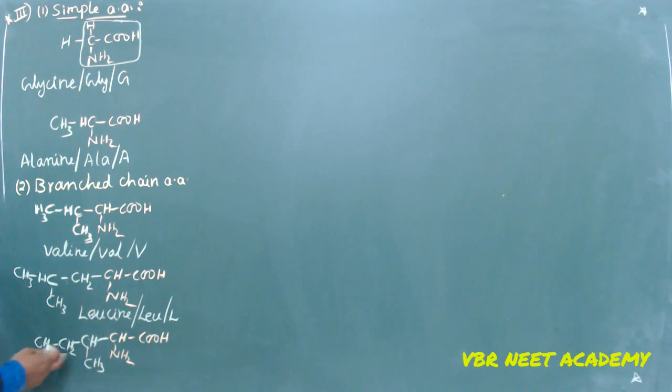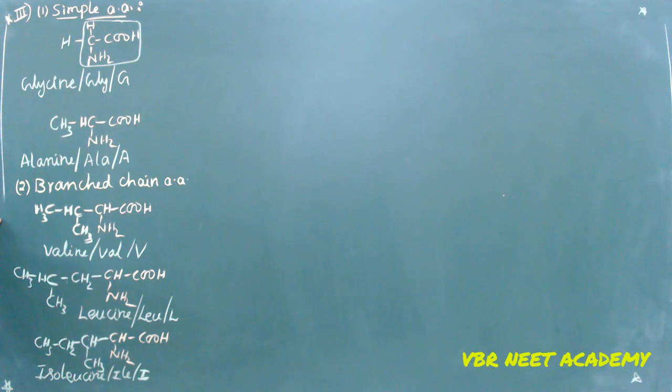The CH3 is transferred from here to here. That isomer is called isoleucine, I. Understand?